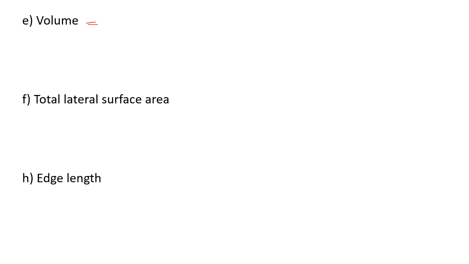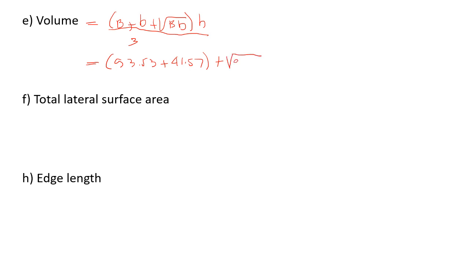The volume equals B plus the square root of B times b, all times h over 3, which equals 93.53 plus 41.57 plus the square root of 93.53 times 41.57, of course times your h which is 8 over 3.